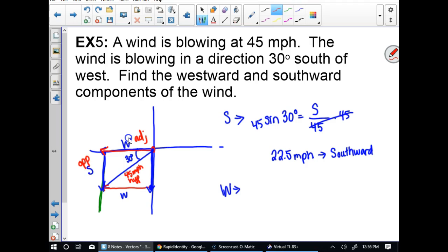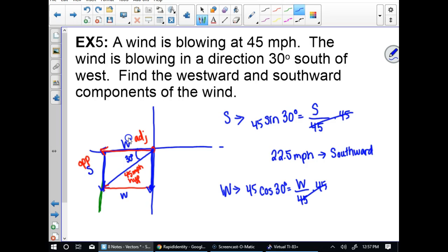So if I have adjacent and hypotenuse, which one do I use? I'm going to use cosine. So I'll say cosine of 30 degrees equals adjacent, which is just the W that I don't know, over hypotenuse, which is 45. And I'm going to solve this one by multiplying both sides by 45.